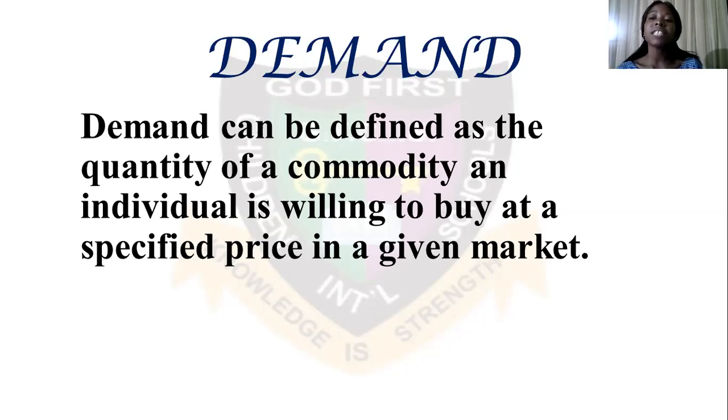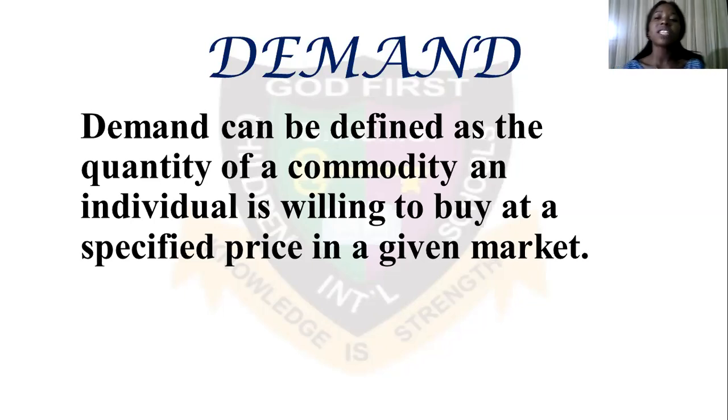So it means that there is an inverse relationship between demand and the price of the commodity you want to pay for. So as prices increase, demand will decrease. As prices become lower, the demand for a commodity may increase. So that's the law of demand.